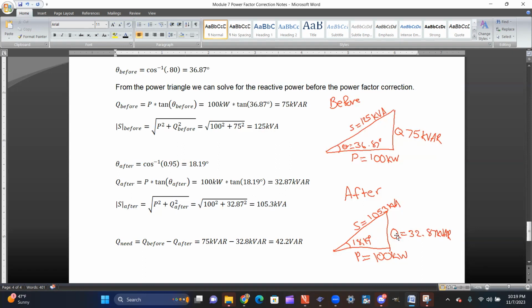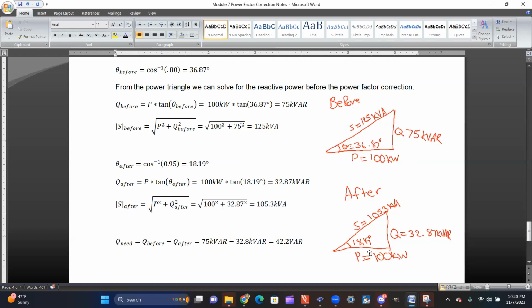So in order to figure out how much reactive power your capacitor needs to supply, you simply take the difference. You take your reactive power before, which is 75, and subtract from it your reactive power afterwards, 32.87 kilovars.